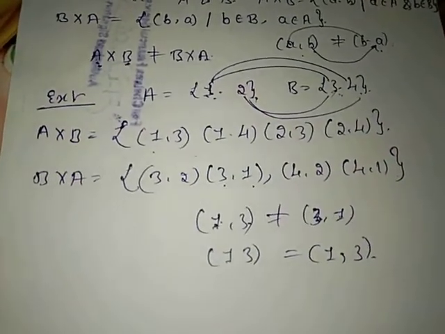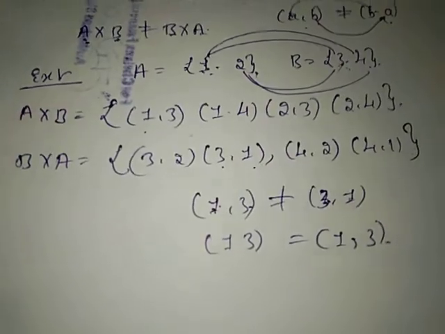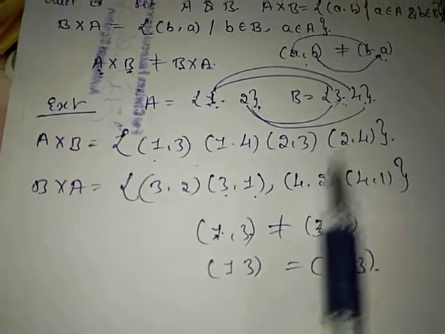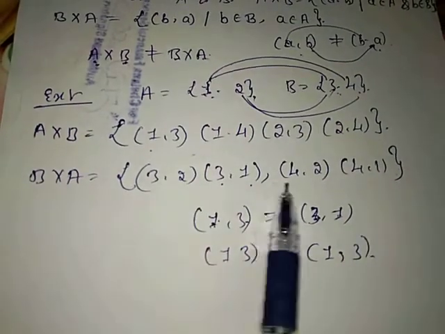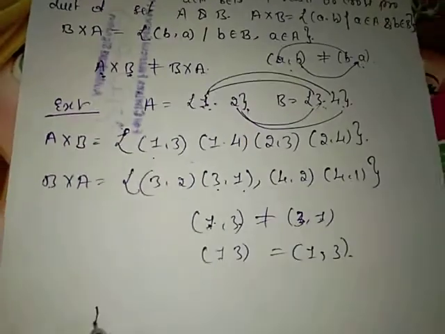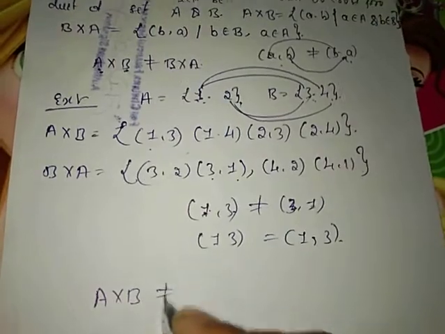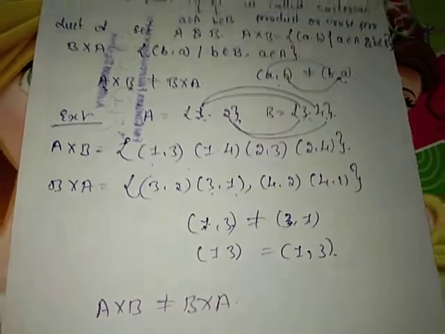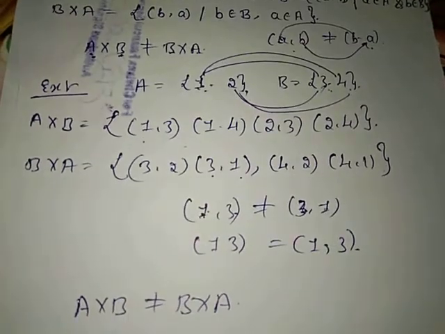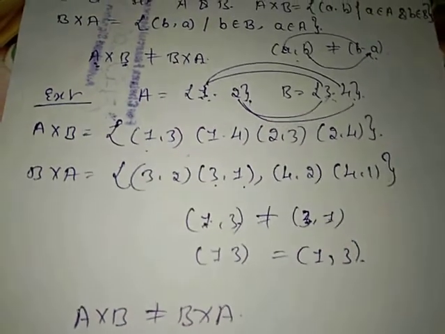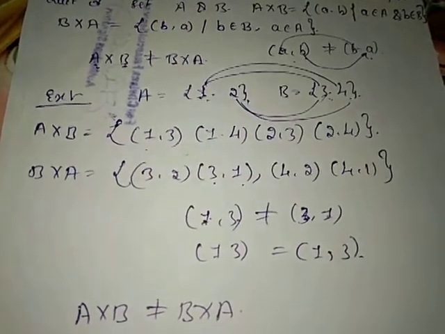If the ordered pairs were equal, then the two cross products would be equal. But here the ordered pairs are not equal, so A cross B is not equal to B cross A.